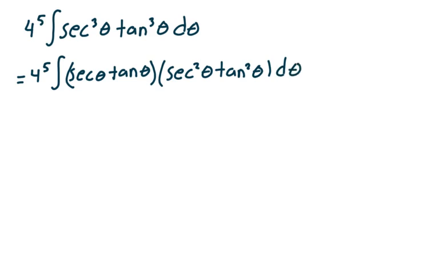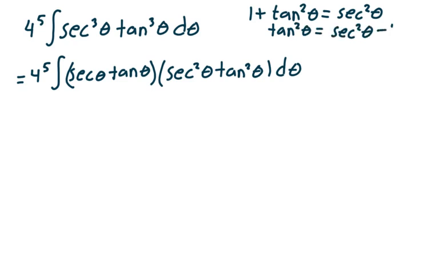We're almost done, right? Because, remember, 1 plus tangent squared theta is secant squared theta. So isn't tangent squared theta secant squared theta minus 1, right? And I just know that the derivative of secant theta is secant theta tangent theta.